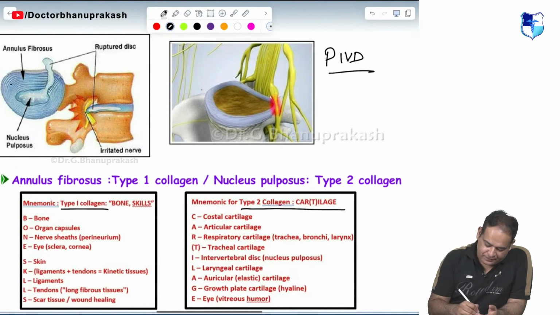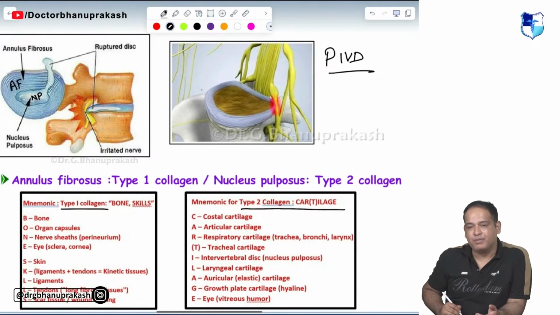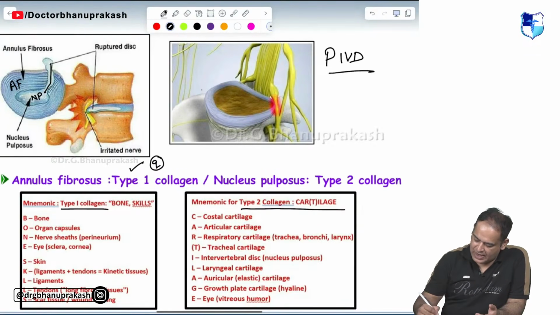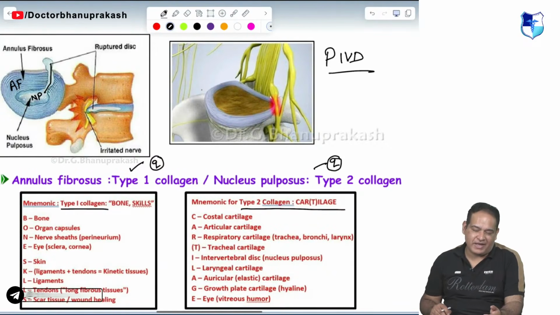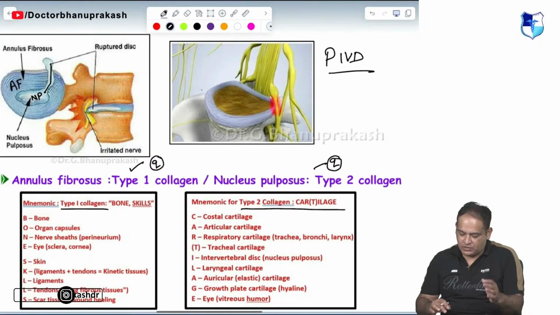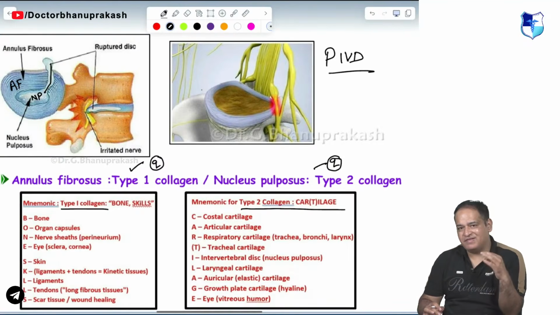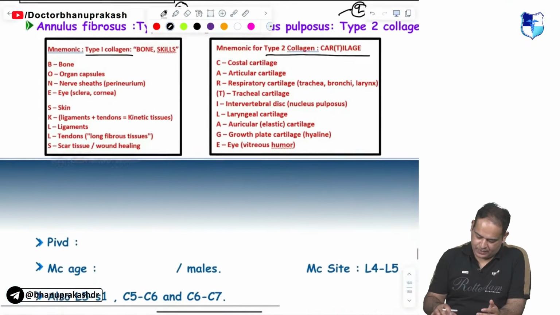That the annulus fibrosus is covering the nucleus pulposus. Now, the nucleus pulposus leaks out. What do we notice? That annulus fibrosus contains type 1 collagen and nucleus pulposus contains type 2 collagen. So they can ask you, not in orthopedics but in anatomy, which collagen is seen in which type, right?